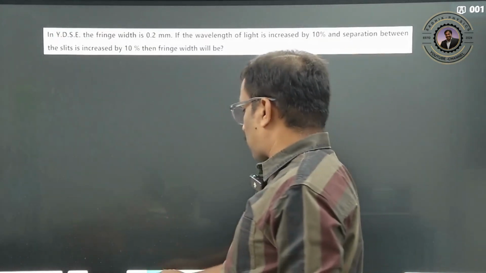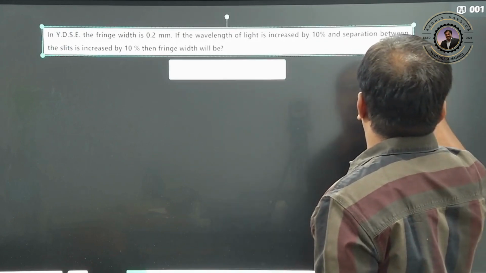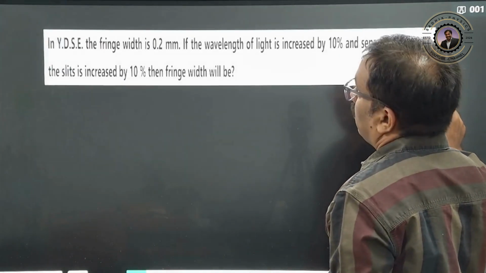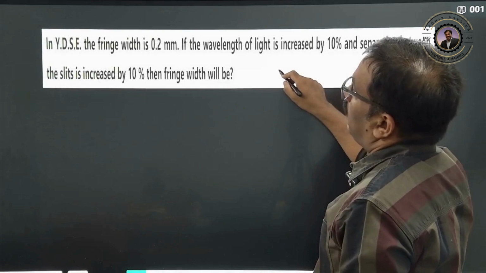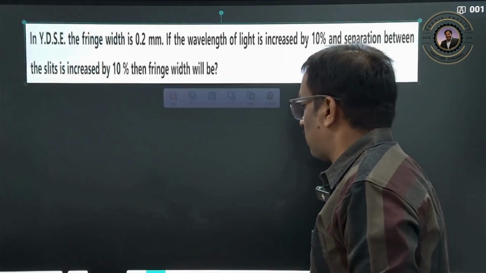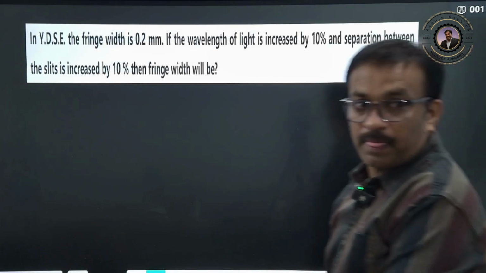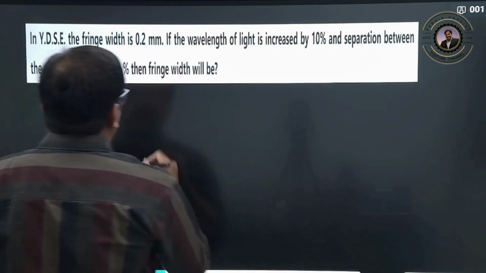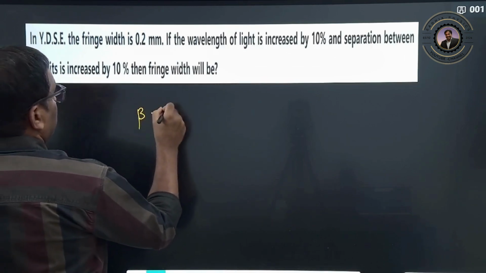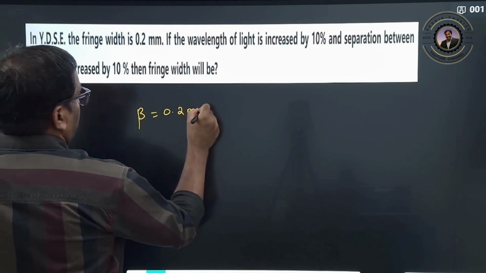Now we'll go for another question. In YDSE, the fringe width beta is given as 0.2 mm.